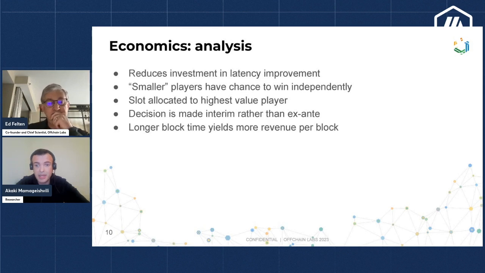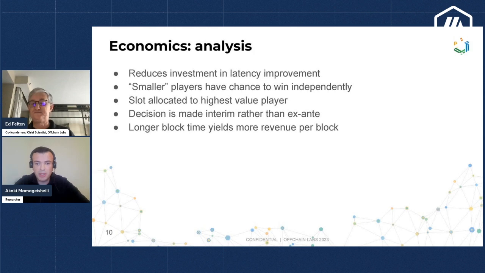The third property, which is good from a social welfare perspective, is that a slot, so the winning transaction, is allocated to the highest value player. And that is not the case with first come first serve, because someone who has the lowest latency would always win the race, and it's not necessarily the case that this person or bot has the highest valuation for the arbitrage.